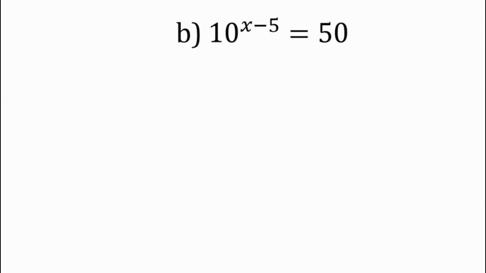That first one worked out nicely because 1,000 is a power of 10. In this case, I have something that's not a power of 10, so it's not going to work out quite as nicely. Still going to take the log of both sides. I didn't write any base, so that means it's base 10.